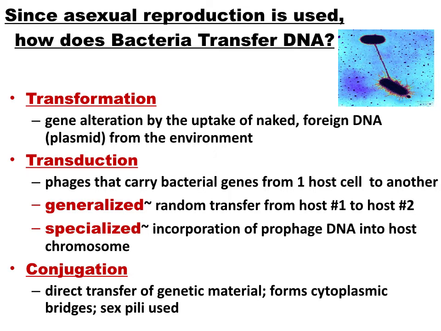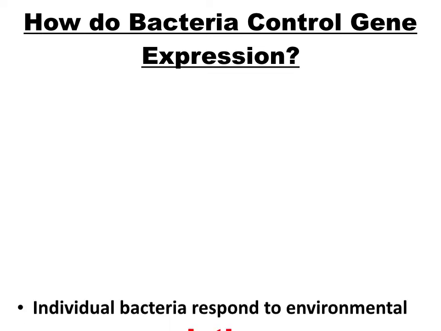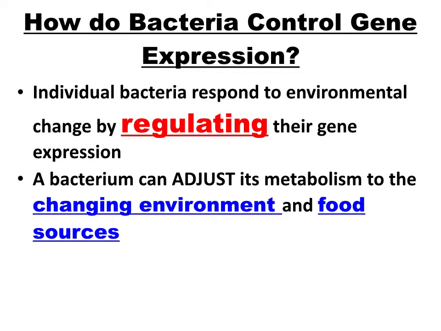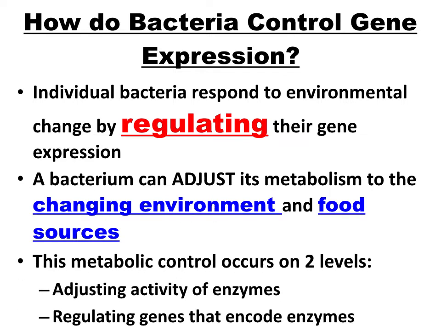They can learn Kung Fu during their lifetime just by getting this new stretch of DNA, either from the environment, through a virus, or directly from another living bacterium. Okay, so no matter where the DNA came from, once it becomes part of the bacteria's chromosome, its expression needs to be controlled.